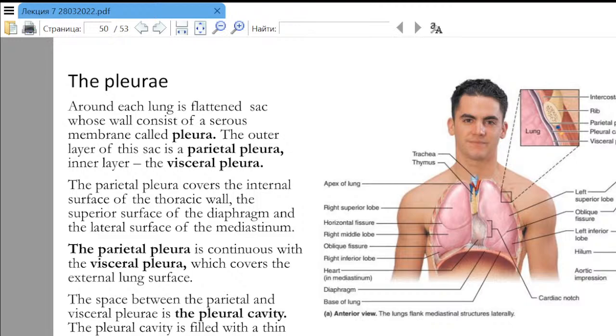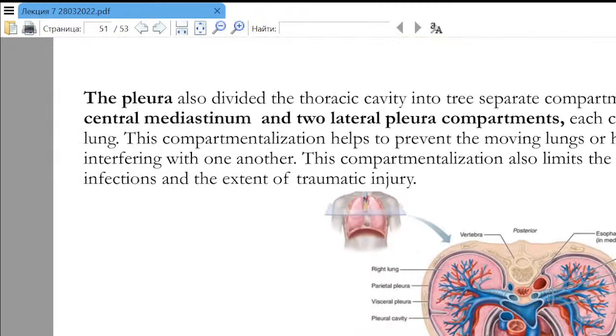The pleura also divides the thoracic cavity into 3 separate compartments: the central mediastinum and 2 lateral pleural compartments, each containing a lung.